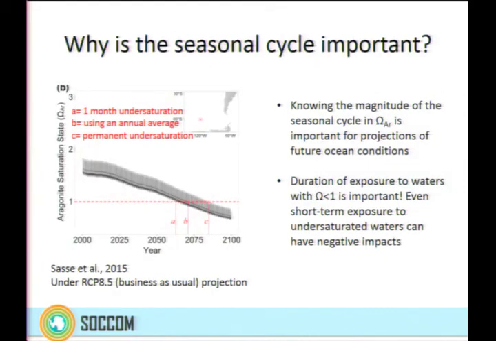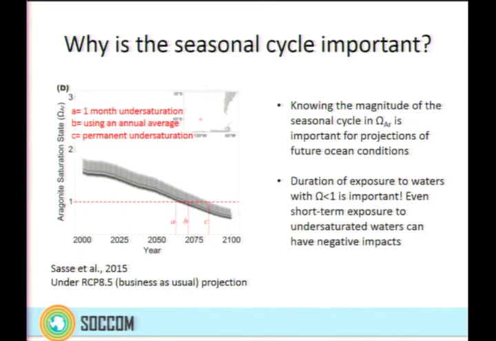And why do we care about the seasonal cycle in omega? Well, this is a paper, Sassi et al., 2015, that used the seasonal cycle in omega at this station at 60 South in the Pacific, or I think they just picked a location. And they projected forward in time using the business as usual emissions. So omega is going to drop generally as the ocean absorbs carbon dioxide. And they're looking for when do we see undersaturation at that station.